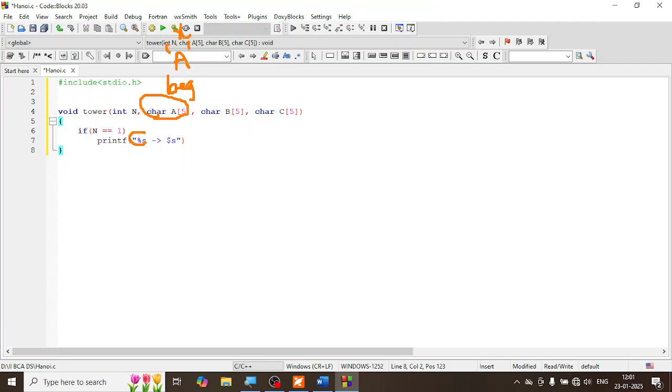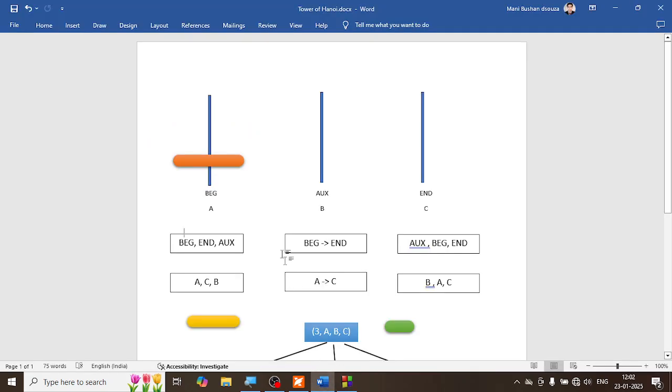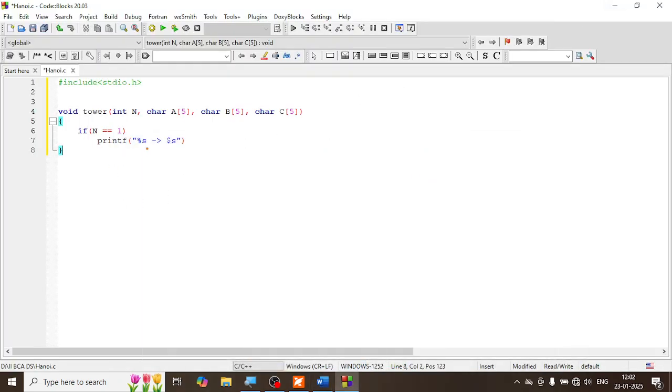Whatever you want to call it, beginning, end, start, stop, whatever it is. So from the beginning name, that is from A, you have to move it to C. Let me put a slash n so that it comes out in one line. That is why I'm doing it from A to C.